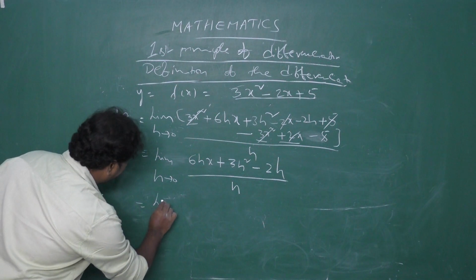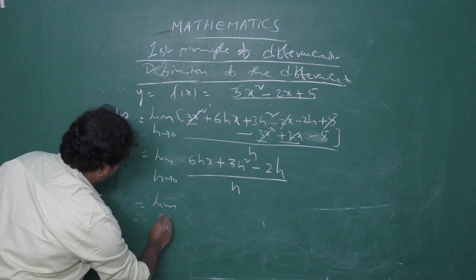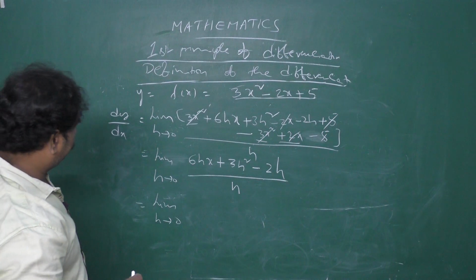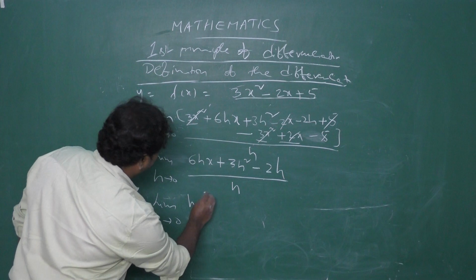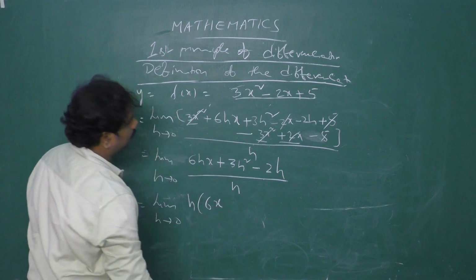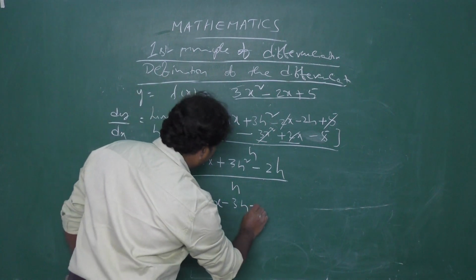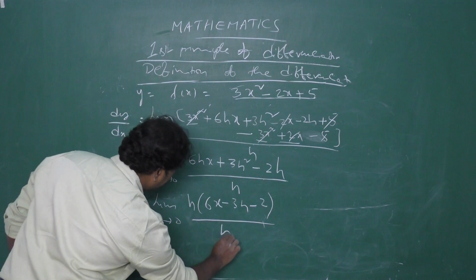Now limit h tends to 0. When we are taking out common h, 6x plus 3h minus 2, whole by h.